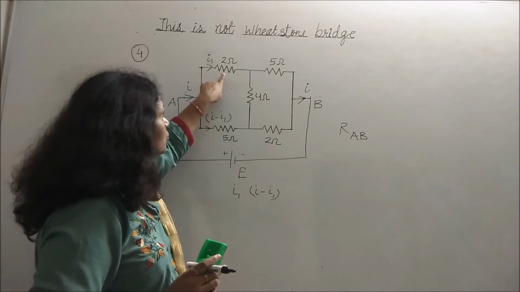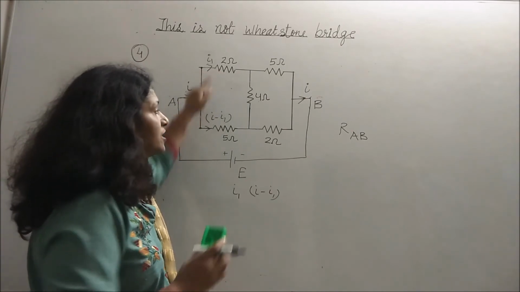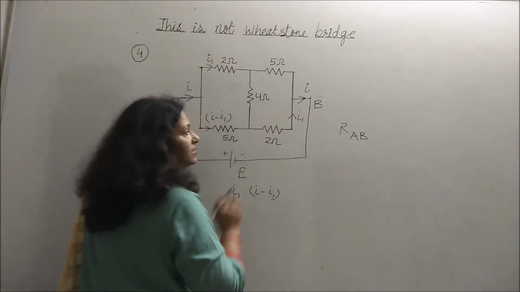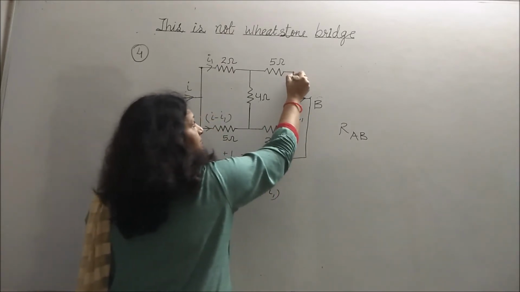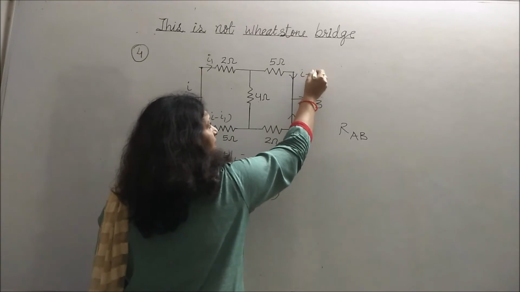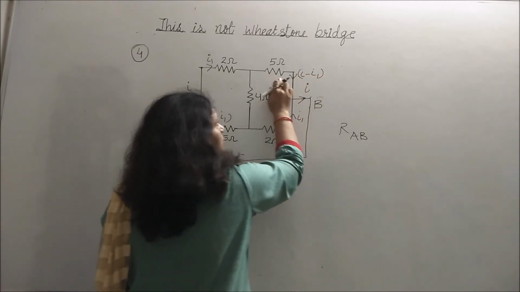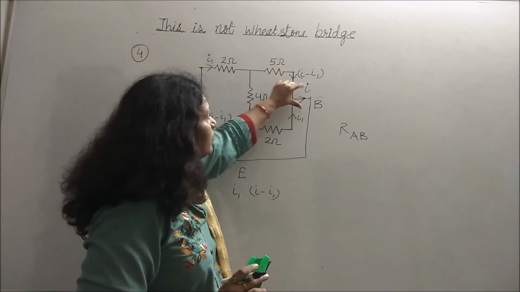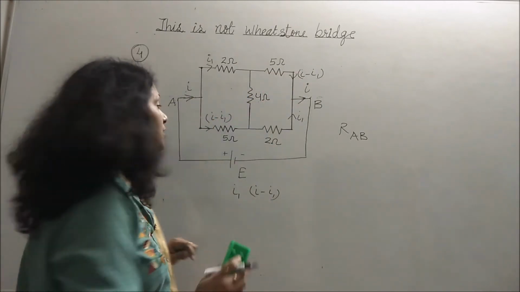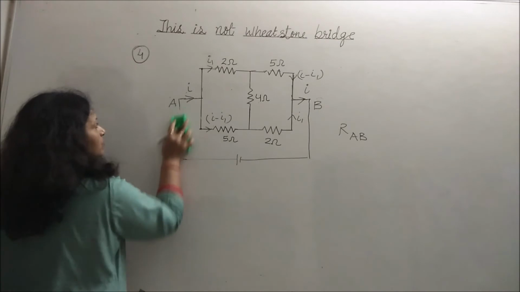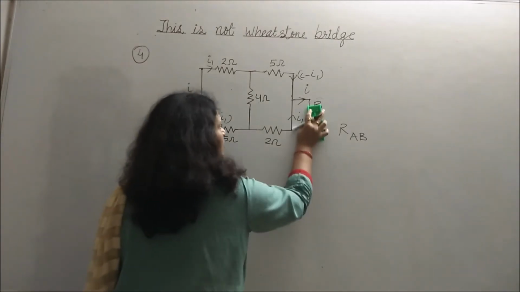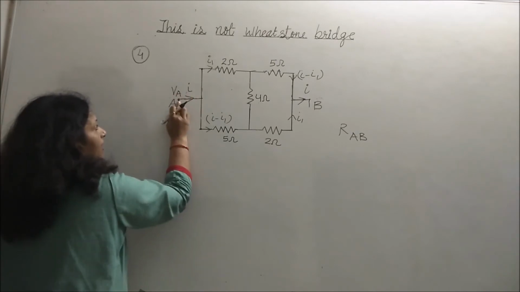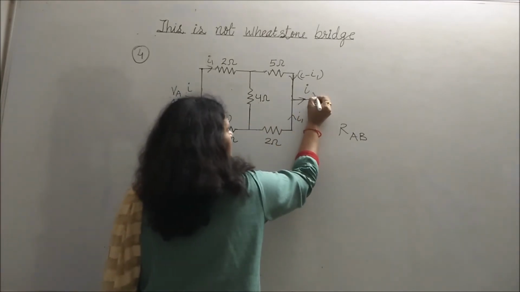So at 2 ohm here I1 current is flowing. So again here I1 current would be in this path, and I minus I1 would be flowing through this 5 ohm resistance. So the sum of these two will make I current at node B. We can assume these voltages as VA and VB. This node voltage is nothing but VA, and this voltage is VB.